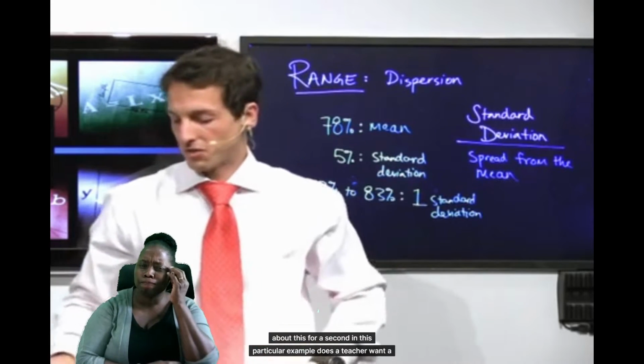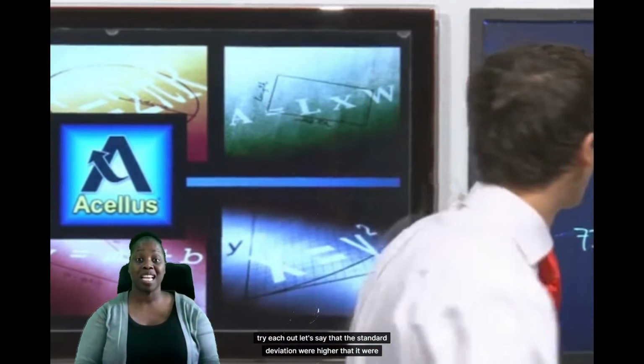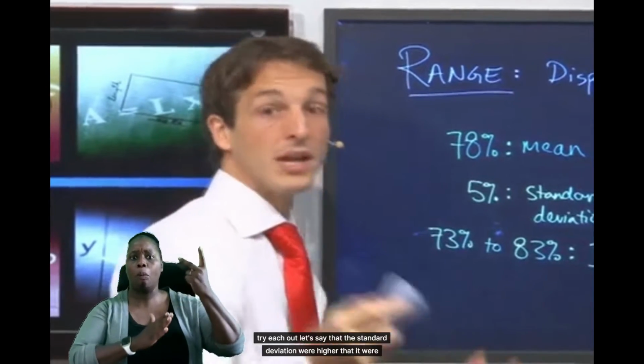Now let's think about this for a second. In this particular example, does a teacher want a higher standard deviation or a lower standard deviation? Well, to test it, let's try each out. Let's say that the standard deviation were higher, that it were double.